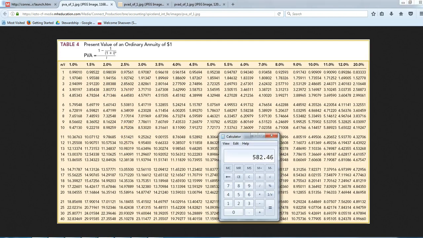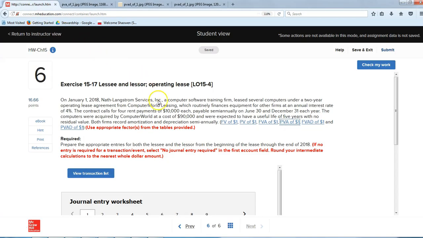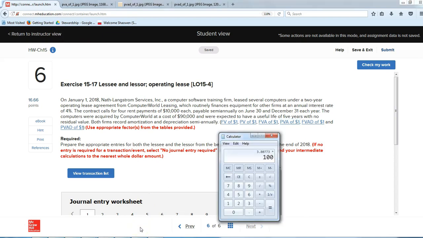The discount factor is 3.80773. Multiply by rental payments. Each 6 months they will pay $10,000.